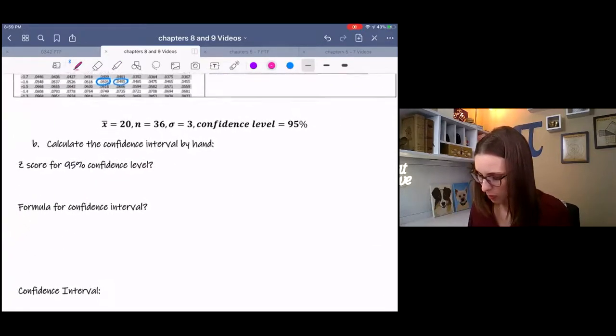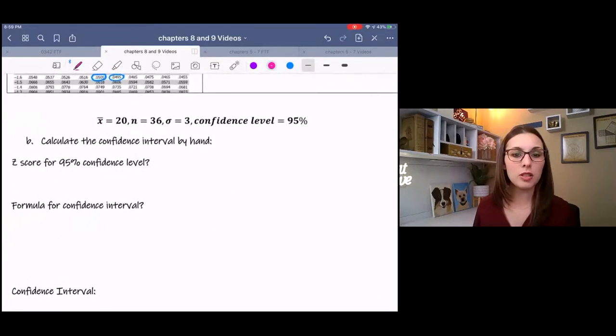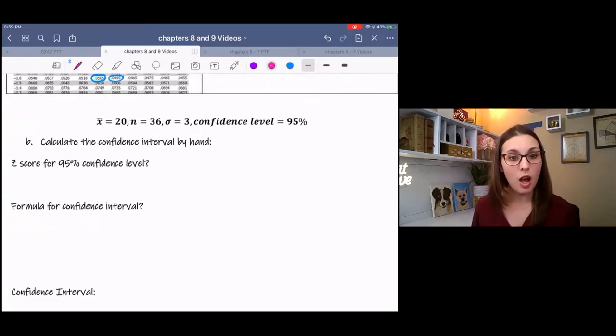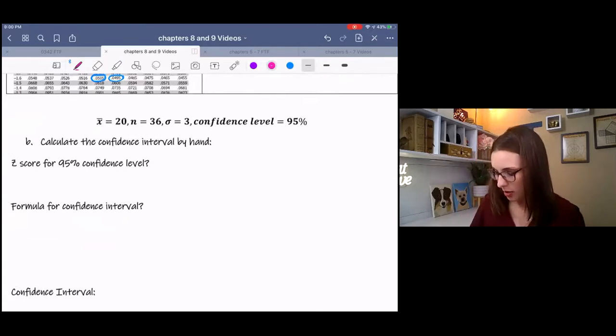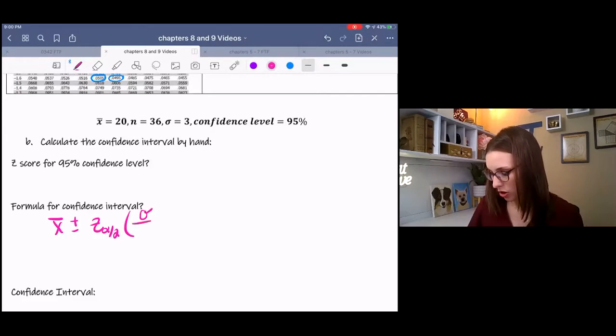Okay, so we have an example here. We're calculating the confidence interval by hand of this information with a confidence level of 95%. So our formula, I'm going to skip down here, is x bar plus or minus z sub alpha over 2 times the standard deviation of the sample mean.